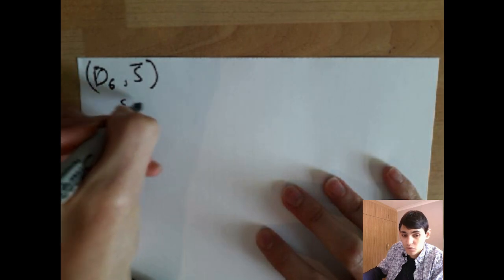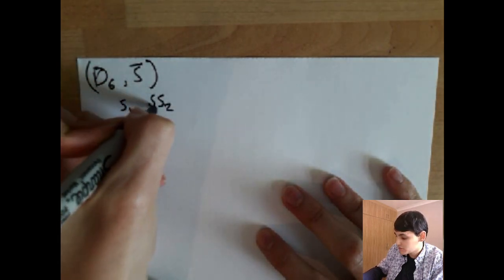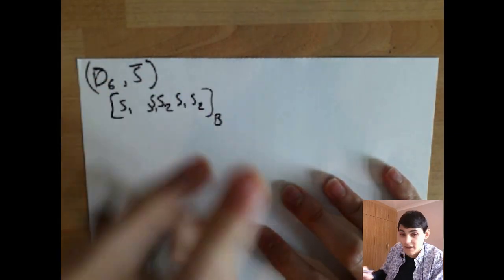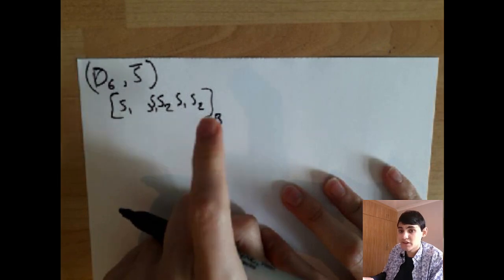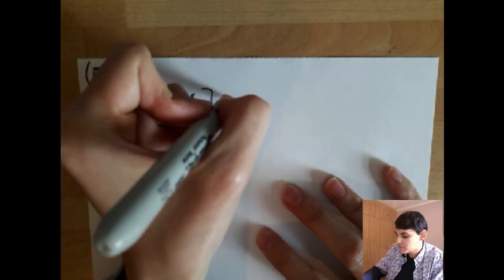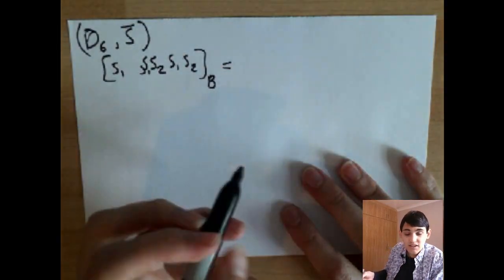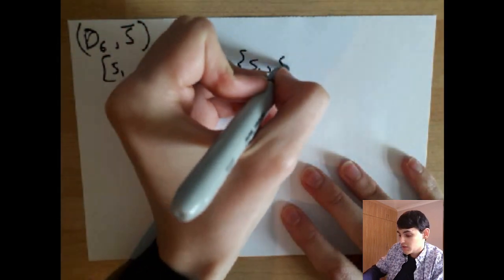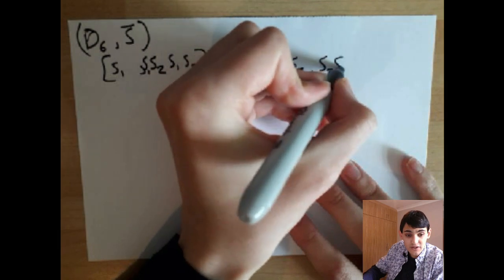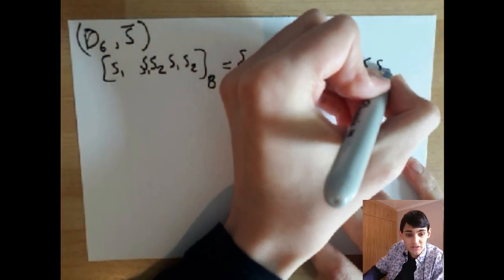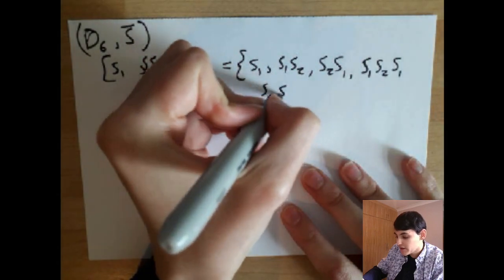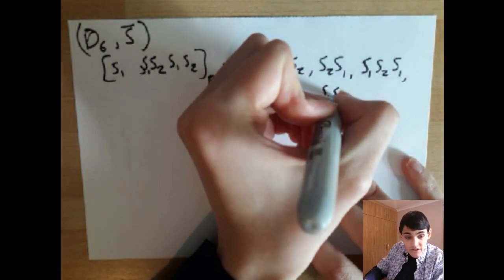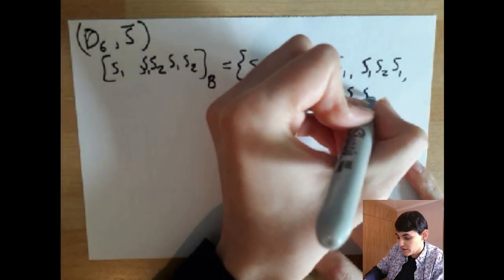If we've got S1 and S1, S2, S1, S2, and again intervals, but for the Bruhat order we put a little subscript B in, what does this interval look like? It looks like S1, S1, S2, S2, S1, S1, S2, S1, S2, S1, S2, and S1, S2, S1, S2.